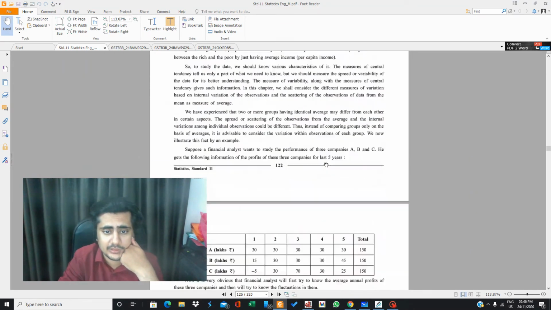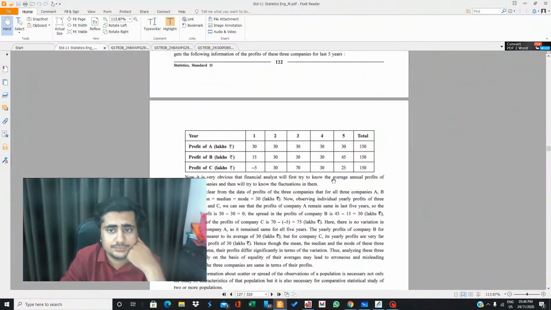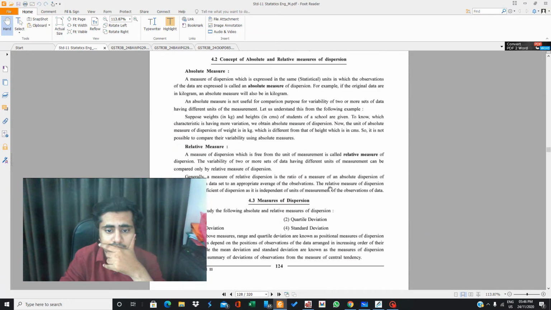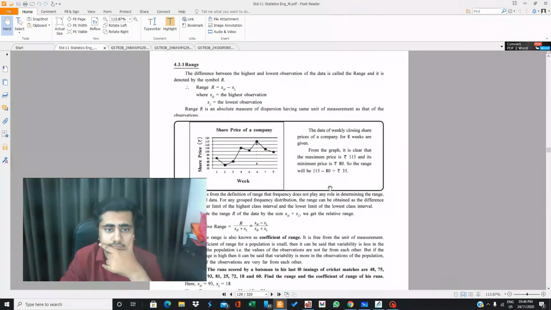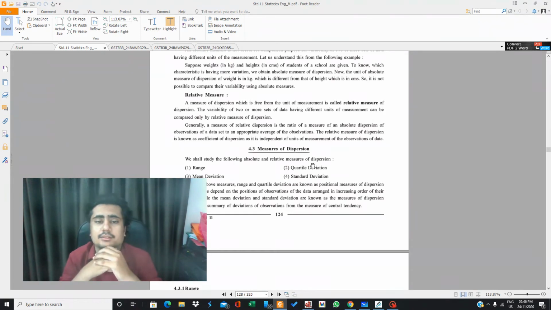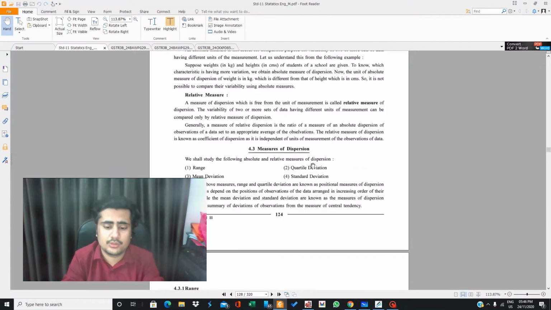Now, we have some formulas in this chapter: range, quartile deviation, mean deviation, and standard deviation. So today we are starting from the second one, that is quartile deviation.